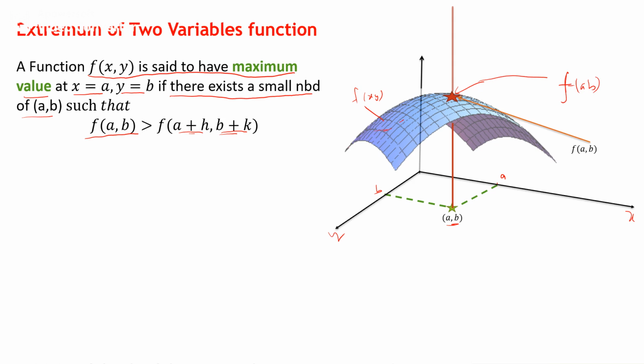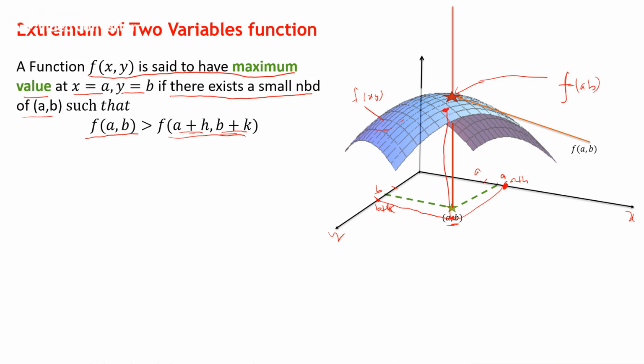Now for this f(a, b), if we take some neighborhood point, suppose this is a plus h and this is b plus k, the neighborhood point is somewhere, and the value of the function at that point is f(a plus h, b plus k).